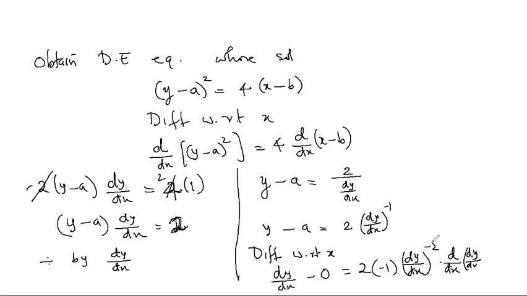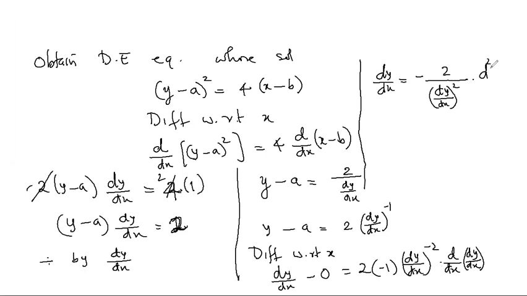What do you call the derivative of dy by dx? d2y by dx square. So dy by dx is equal to minus 2 upon dy by dx the whole square. What did I do? This raised to minus 2, I brought into the denominator, times the second derivative.